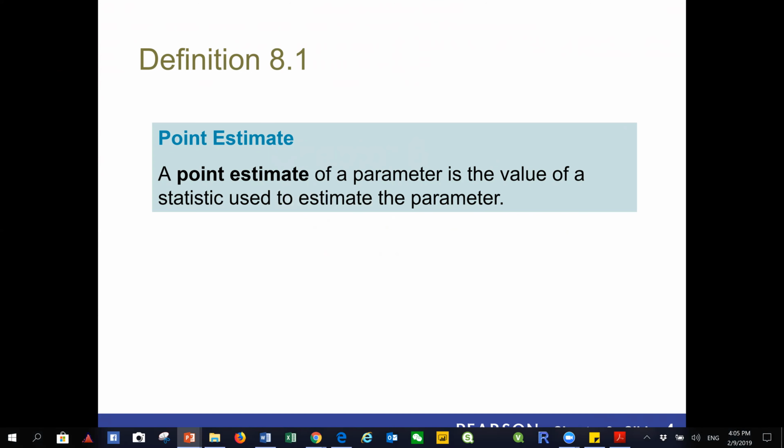If it is population variance, we use sample variance. If the difference of the two population means is a parameter, then we use the difference of two sample means. If the parameter is the ratio of two population variances, then we use the ratio of two sample variances. So each population parameter has its corresponding point estimator. Okay.